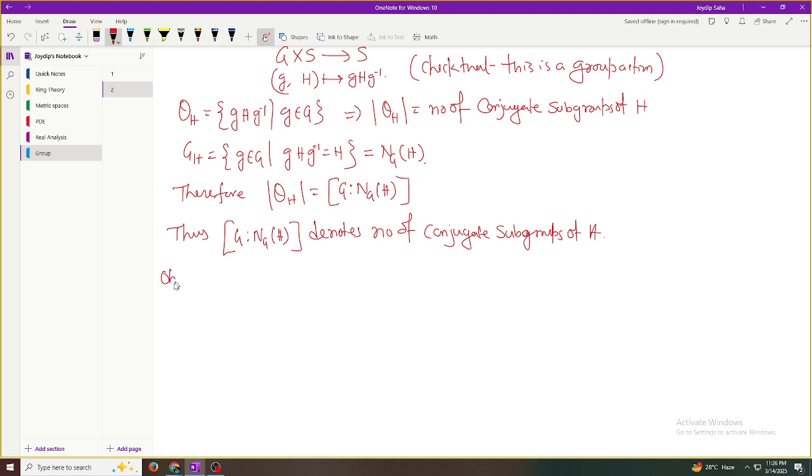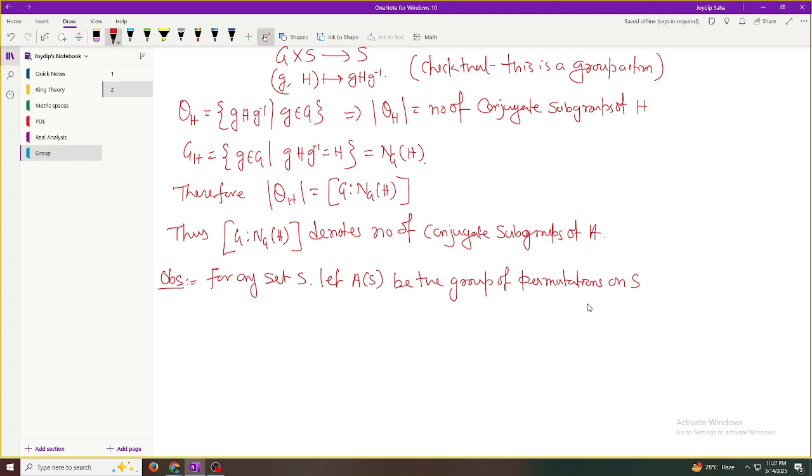Another observation. For any set S, define A_S to be the group of permutations on S. That means the set of all bijections S to S, under composition.